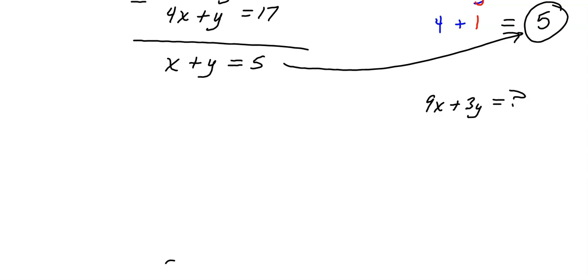Well, you might have seen that, wait a minute, if I just add these two equations, which you normally wouldn't want to do because you're not eliminating anything, you would get the answer to the question.